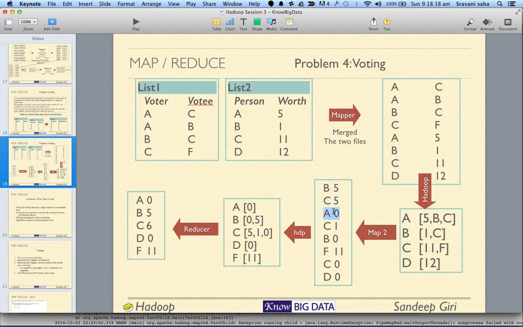A did not get any value out of it per se, right? I'm putting A as 0 because I want to display 0 against a person who has not been voted at all. Otherwise we do not need to display the people who got 0 at the end of it. Similarly, by virtue of the second statement, C got a value of 1, while B we had just printed as 0, just for the sake of it.